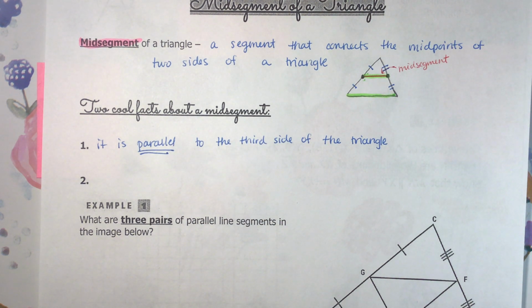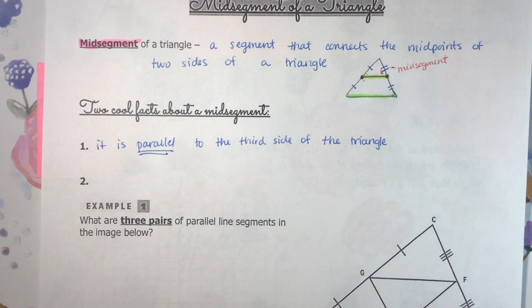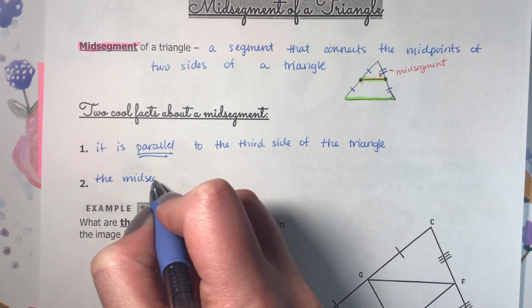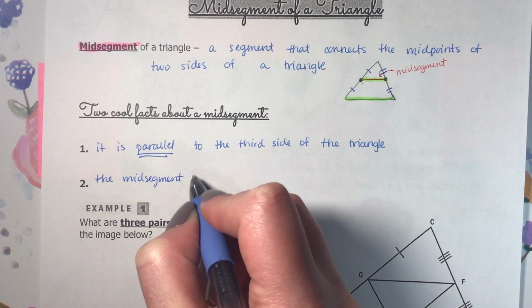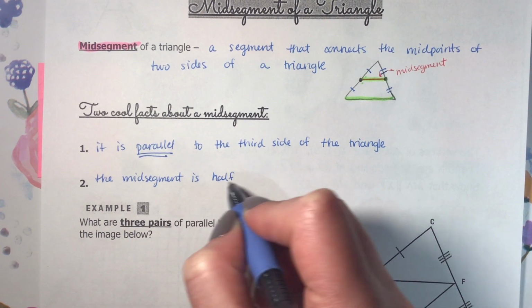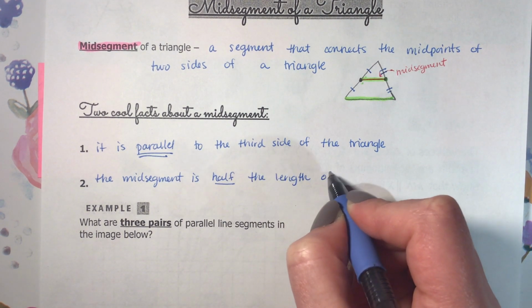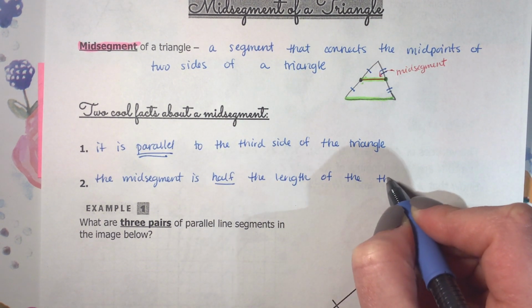Another relationship between them is the midsegment is half the length of the third side.